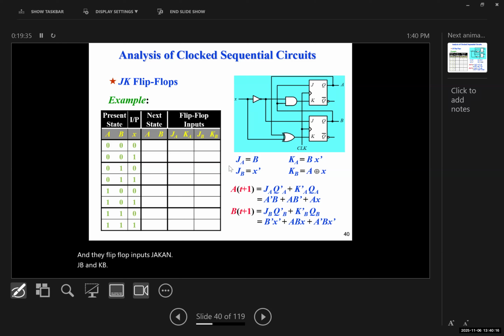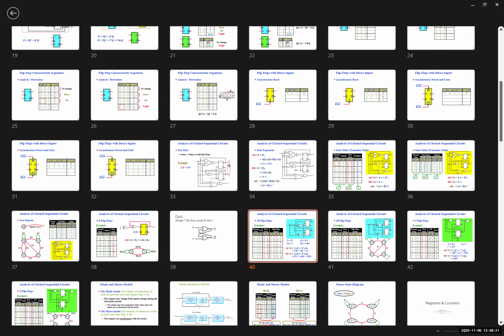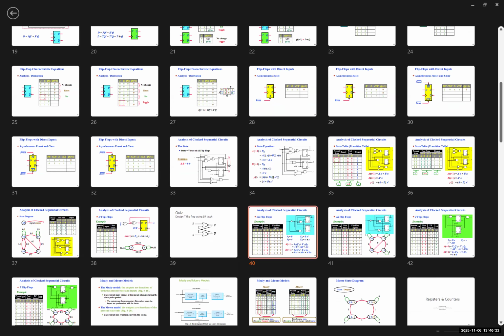Now, just for a reminder, I want to go back for a second to the JK flip-flop, so you can look at what happens in a JK flip-flop. So in a JK flip-flop, if J and K are both 0, then we would have no change.